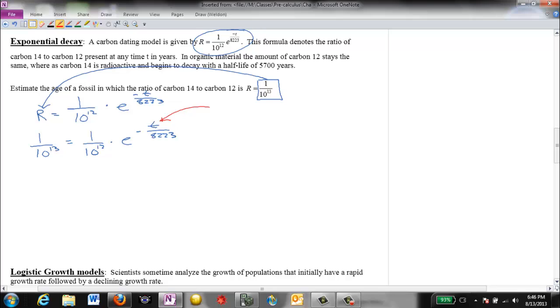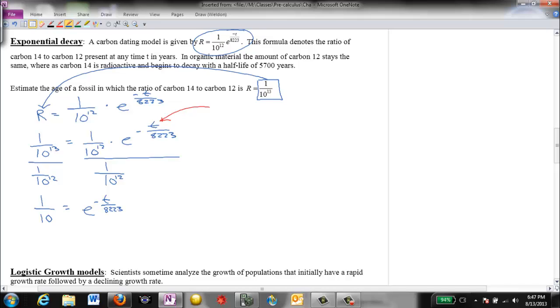Okay, so the first thing I'm going to do here is to start to isolate that exponential portion of the equation. So I'm going to divide both sides by 1 over 10 to the 12th. And when I do that, on the left-hand side, what I'm left with is 1 over 10 to the first power. So we just get 1 over 10. And on the right-hand side, we're left with e to the negative t over 8223.